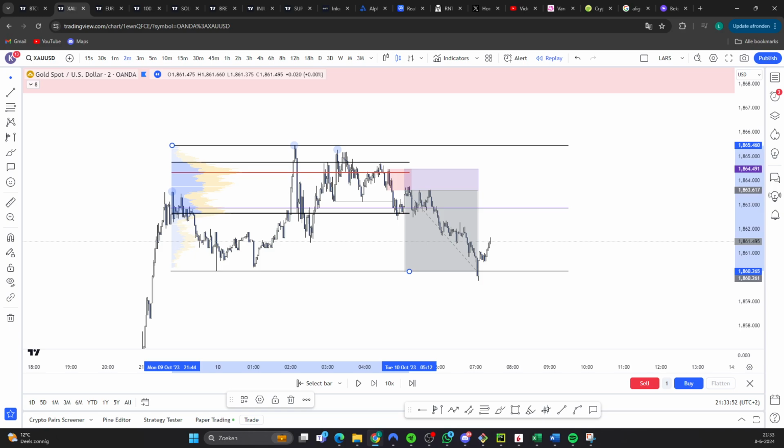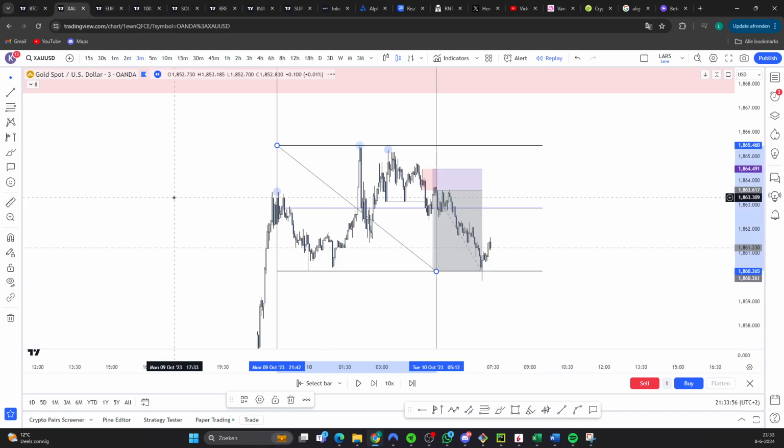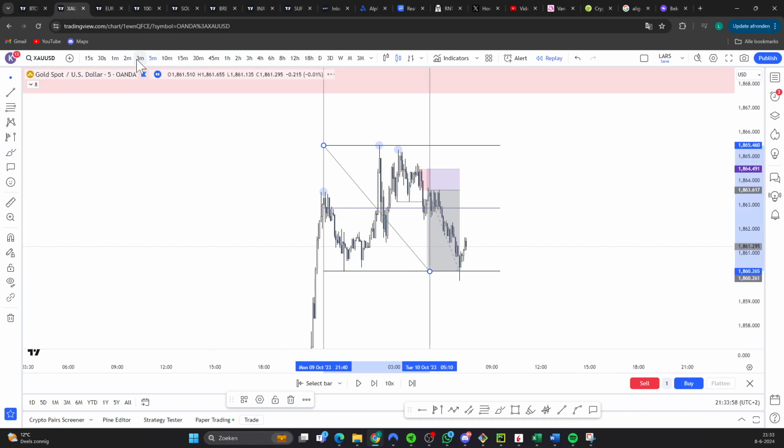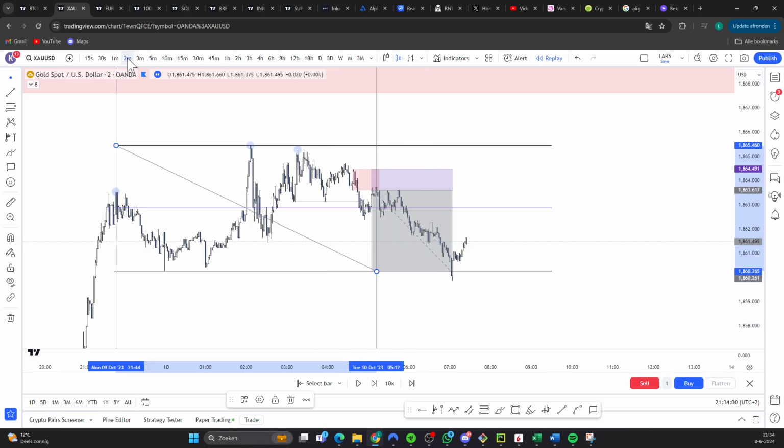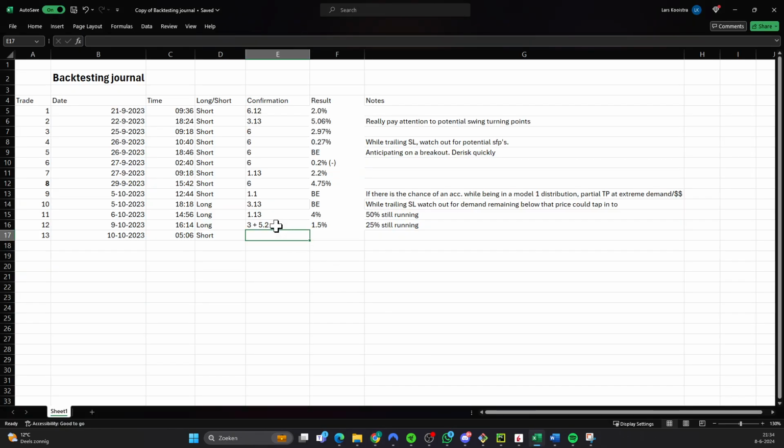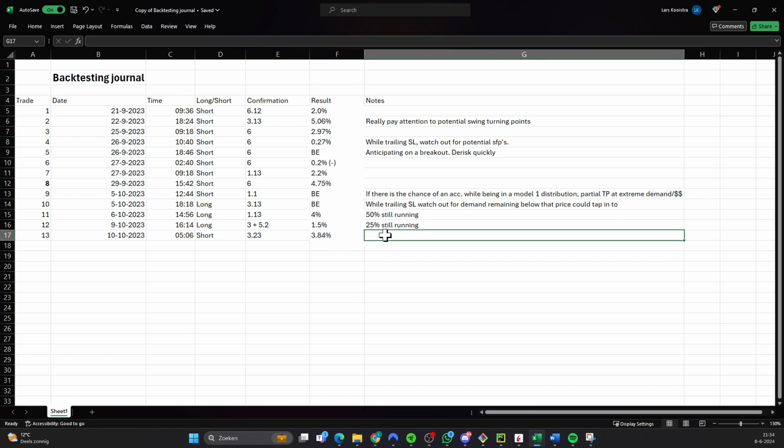3.23. 3.23 would have been 3.84%. Did not take the trade.